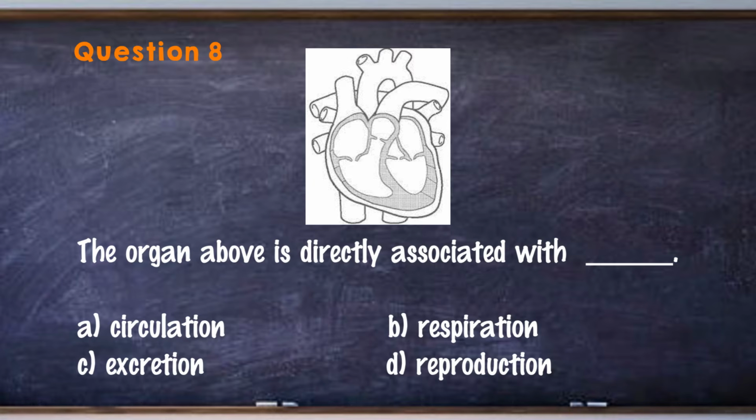A, circulation, B, respiration, C, excretion, or D, reproduction? The correct answer for that question would be A, circulation.